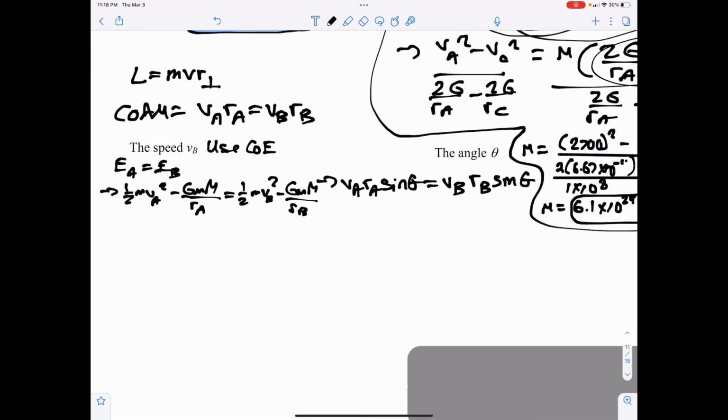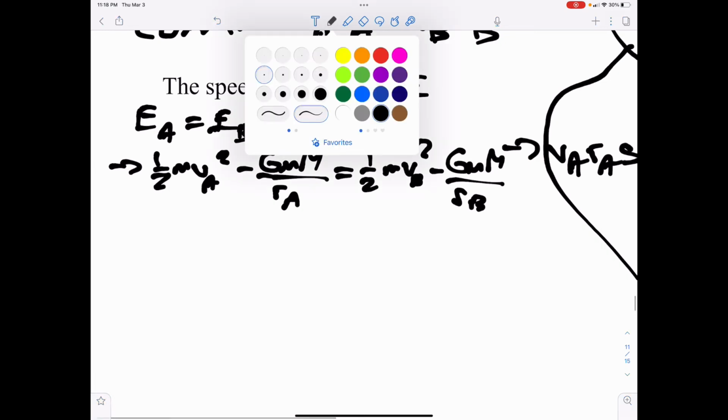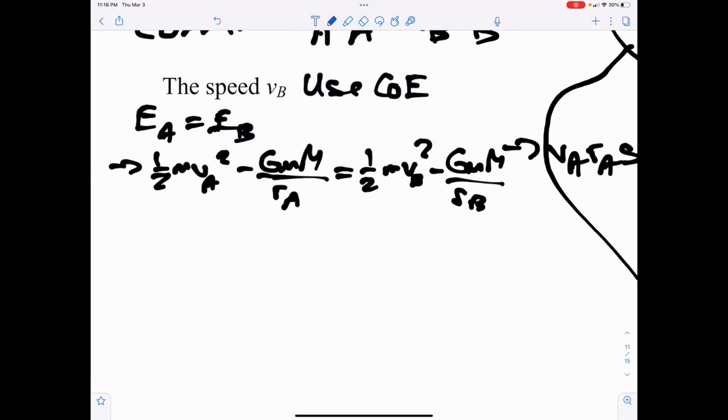And we'll try to keep this segmented a little bit here. I know the problem's getting kind of messy. Do what we did last time. We multiplied everything by 2, and we canceled all the little masses.